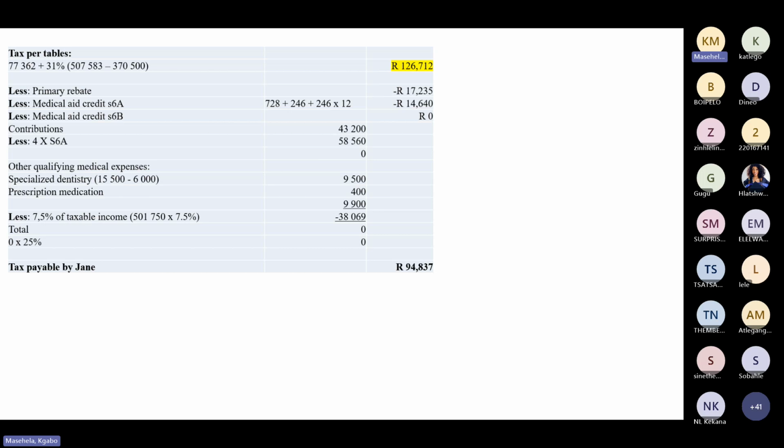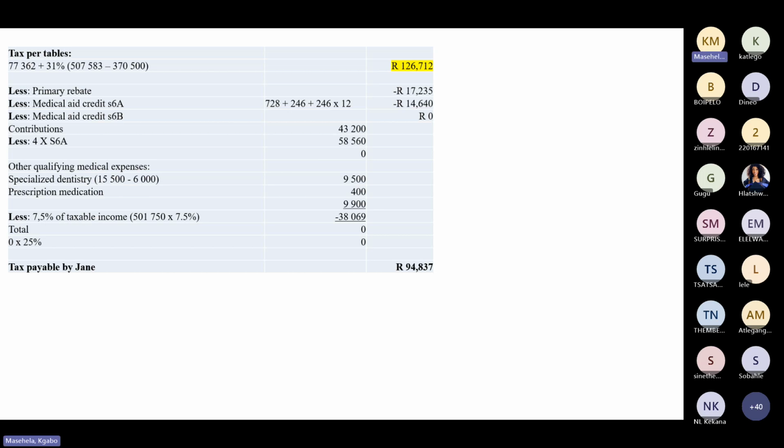Okay. Let's continue, guys. Other qualifying medical expenditure. Why do they say other qualifying medical expenditure? Because there are the ones or others which are not qualified. Remember, when they are saying qualified, it means those are prescription from the doctor. Then if that is a prescription, you are entitled to claim that particular medical expenditure.